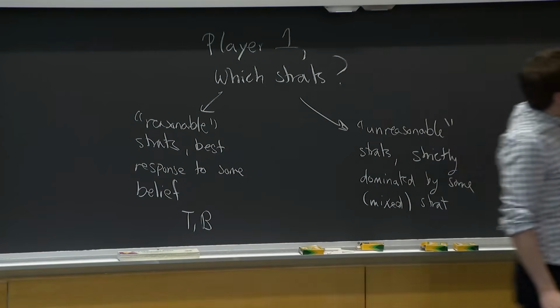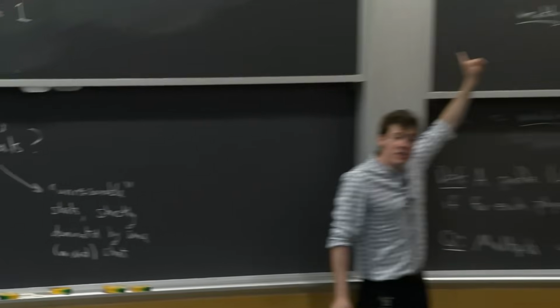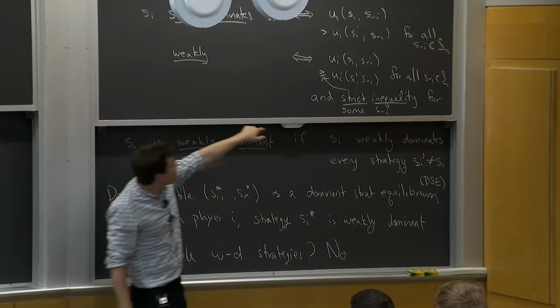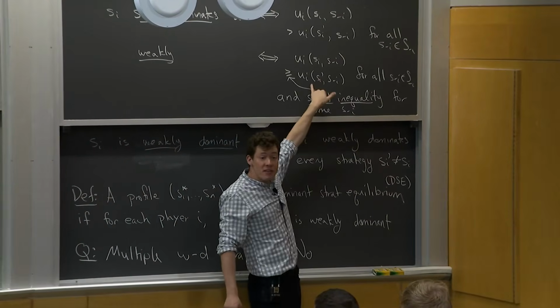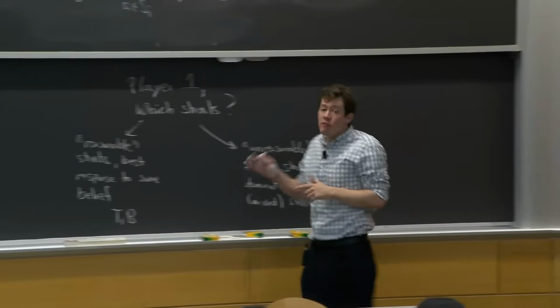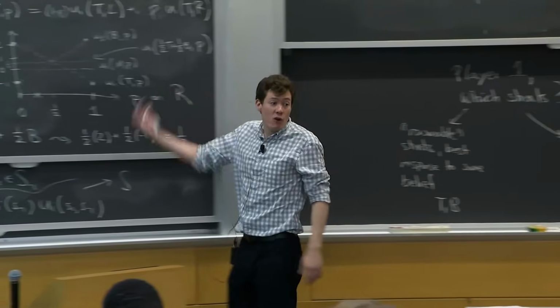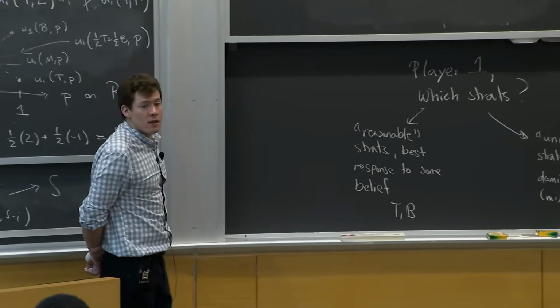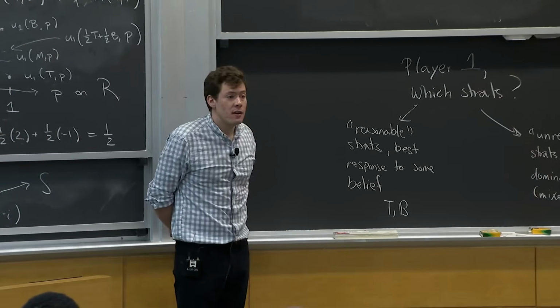Now, technically, I only define dominance for pure strategies, but everything makes sense if I just replace the s_i's with sigma_i's, and I interpret these utilities as expected utilities. So in this game, what are the unreasonable strategies? What are the strategies I could throw out by saying they're dominated by something else? Yeah? M. Just M, right?